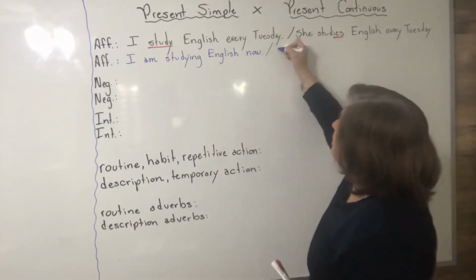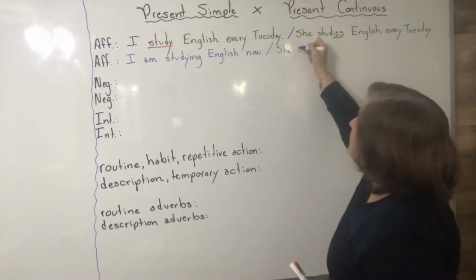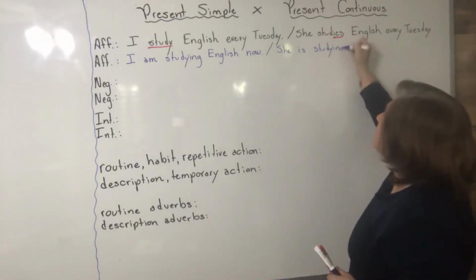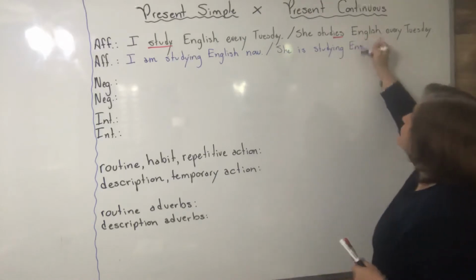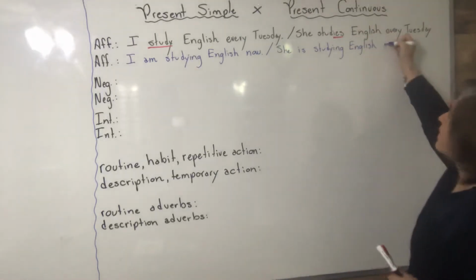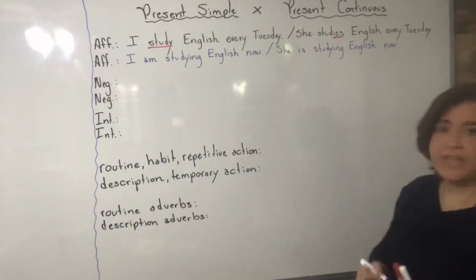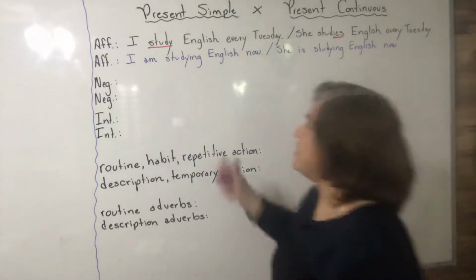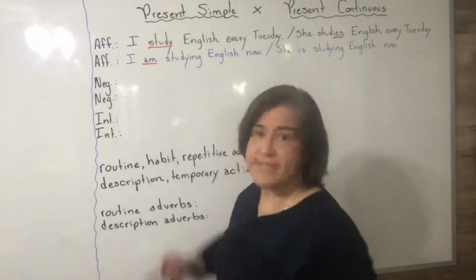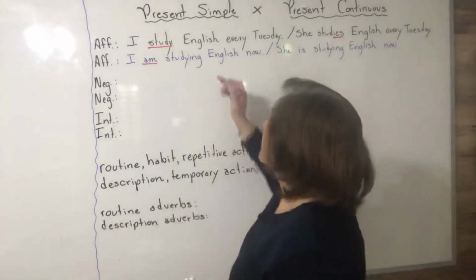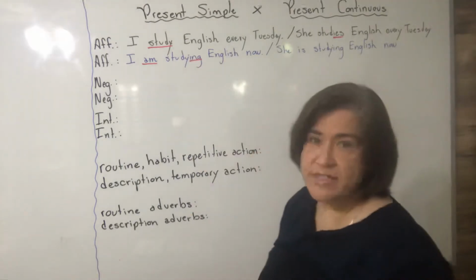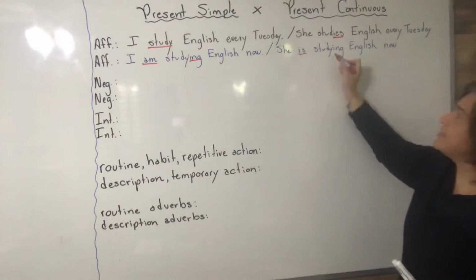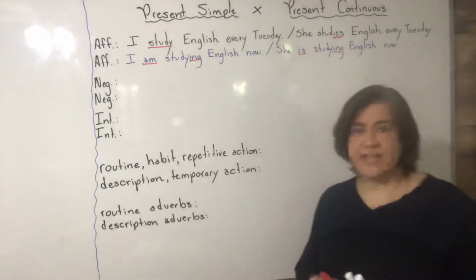And if I put she, she is studying English now. Okay? So students, present continuous is verb to be in present, am, is, are, plus ing in the next verb. I am, she is, and ing in the next verb.